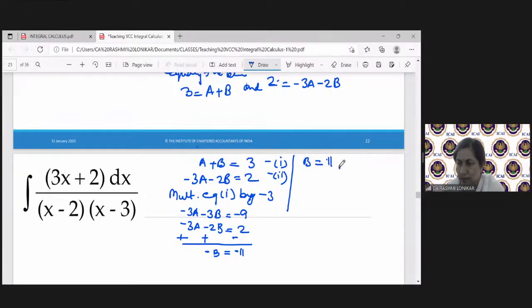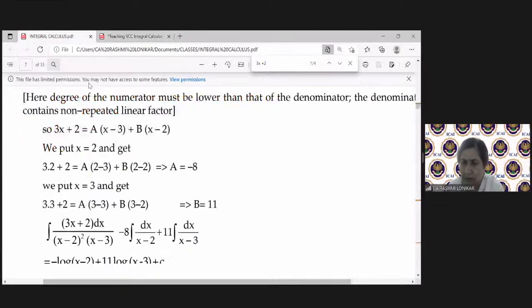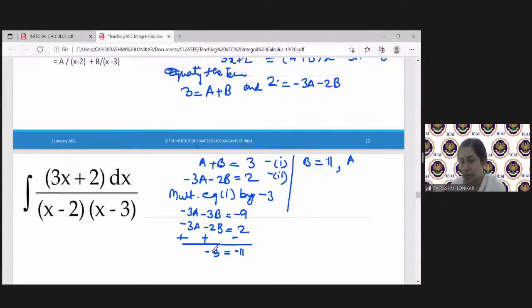If B is 11, what is the value of A? Can anybody tell me? Simple? Because A + B is equal to 3, if B is 11, what will be the value of A?